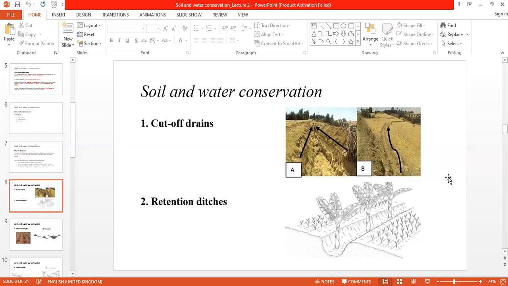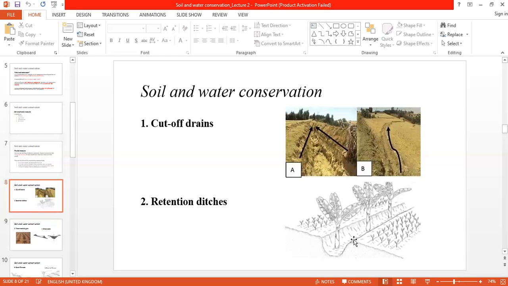On the retention ditch, in terms of crops, what type of crops can you grow in such ditches, trenches? So for example, you can grow bananas. You can grow mostly those crops which are like tree crops, because if you dig this trench, there will be some water in here.